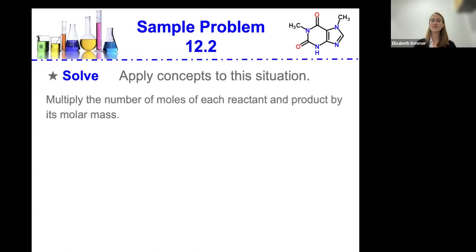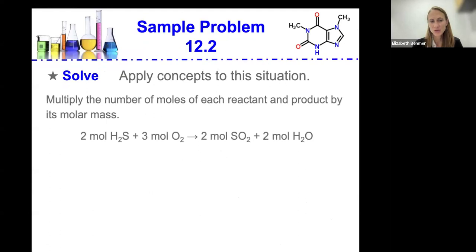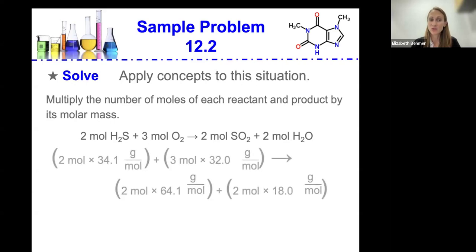Multiply the number of moles of each reactant and product by its molar mass. So remember, we have 2 moles of H2S, 3 moles of oxygen, 2 moles of SO2, and 2 moles of H2O. So we'll take 2 moles times the molar mass, 34.1, plus 3 times 32 will yield 2 times 64.1 and 2 times 18.